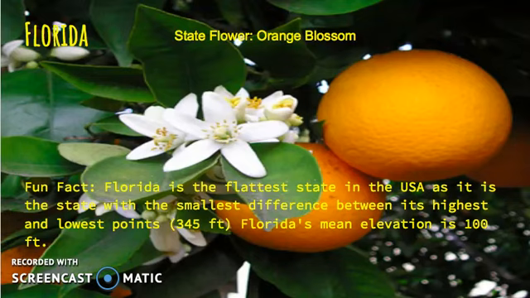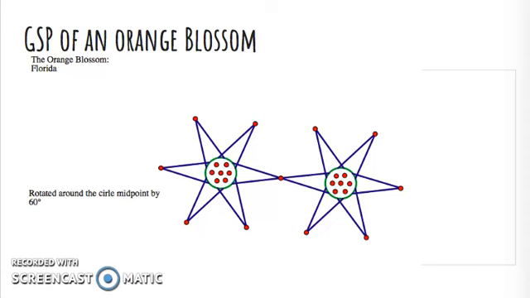So moving on, my GSP for the orange blossom is right here, and I basically just created a circle and then rotated this acute triangle around by 60 degrees all the way around to create 6 identical leaves or petals.